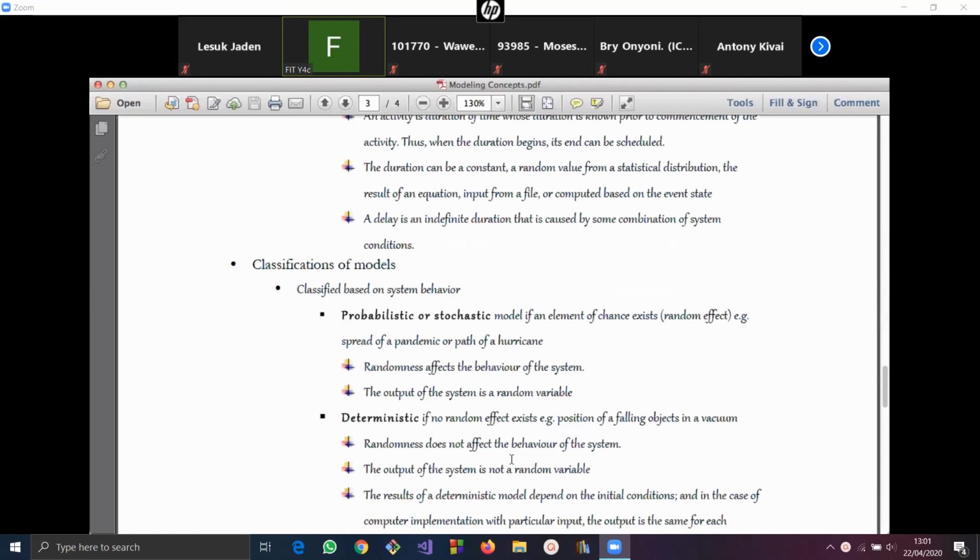Deterministic is that which we can almost tell for sure that this is going to occur. You have some element of certainty. You are sure this is going to happen. An example I'm giving: position of a falling object in a vacuum. If you remember your physics, a pendulum.